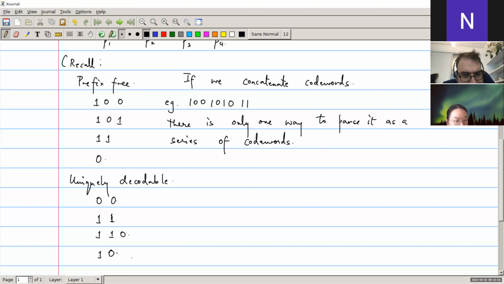I'm just doing a little bit of trial and error. So let's see if this can be uniquely decodable. The idea is that no matter how you concatenate code words, there shouldn't be a problem with parsing it.